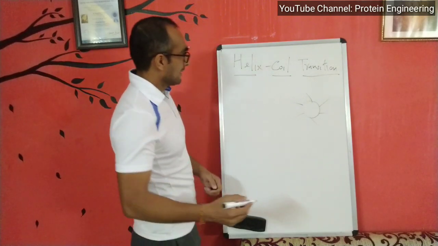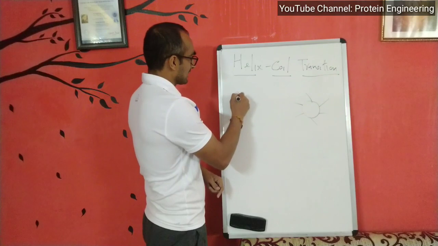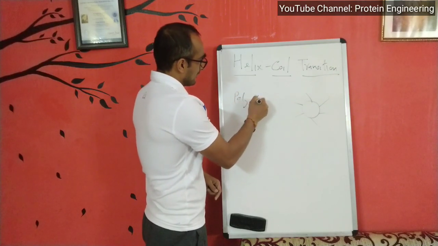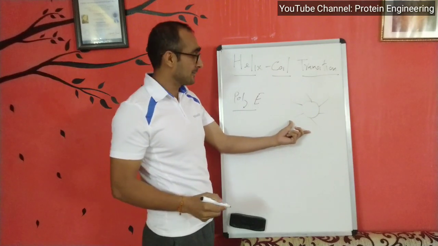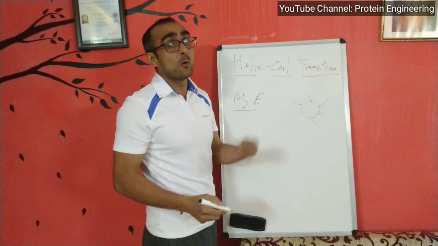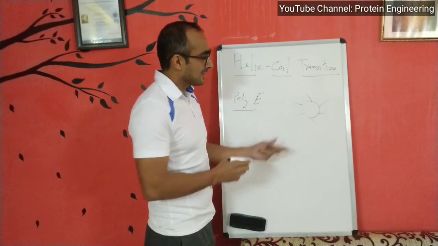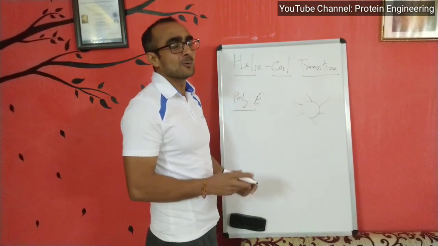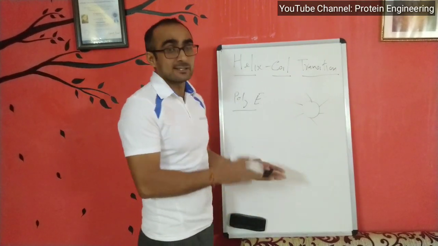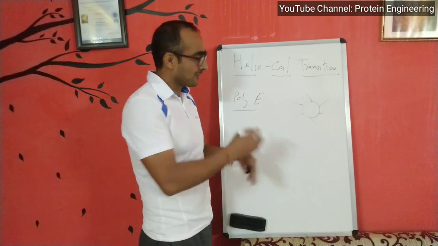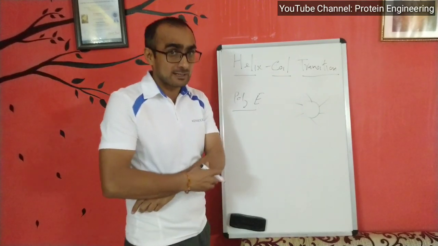But in the case of, say, a polyglu helix, where all the amino acids in the alpha helical conformation are glutamic acid or aspartic acid, if you keep that helix at different pH values, the helix structure gets interrupted and the helix turns into a coil structure. Disruption of the helix into a coil structure is called helix-coil transition.